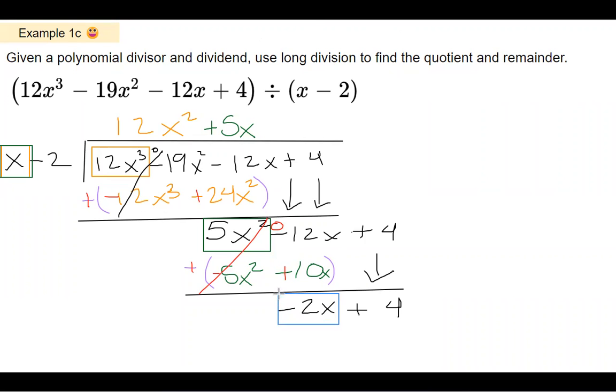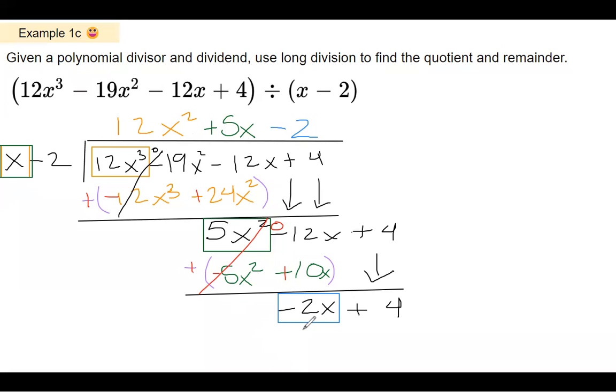What is it? Negative 2x. So what do I need to multiply x by in order for it to become negative 2x? We multiply by negative 2. Signs matter here, guys, so make sure you multiply it by negative 2.